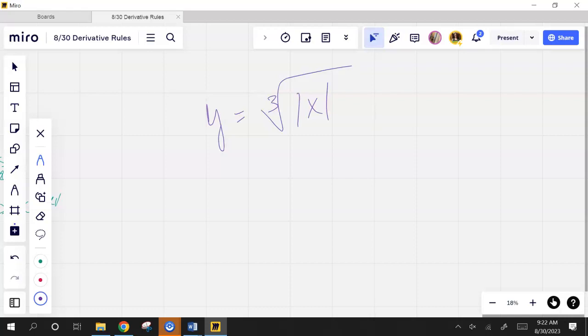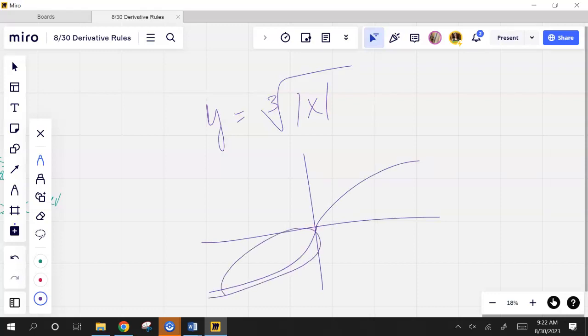I would say that's a cusp, and that's why. If you graph that, what does it look like? If you think about what a cube root looks like, this is a cube root, right? The absolute value should just flip this one up. So then it should look like this.